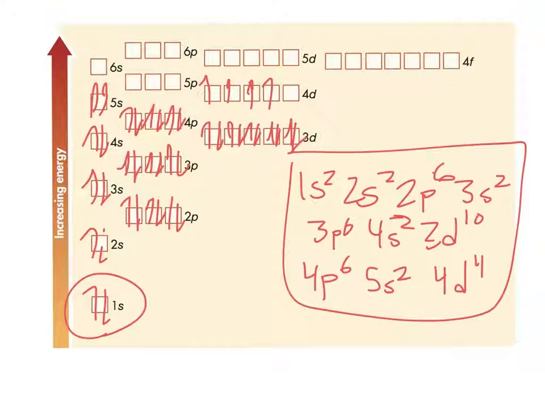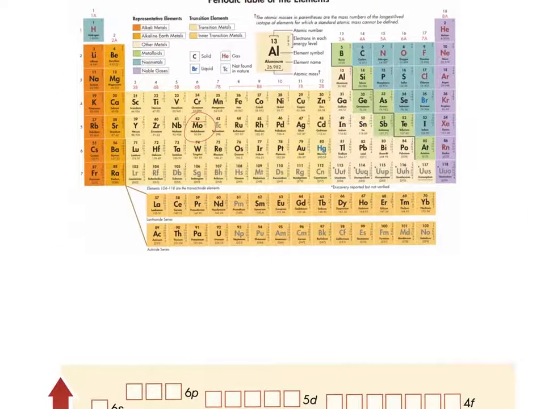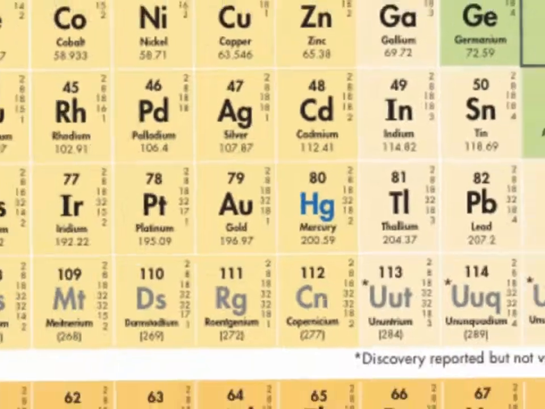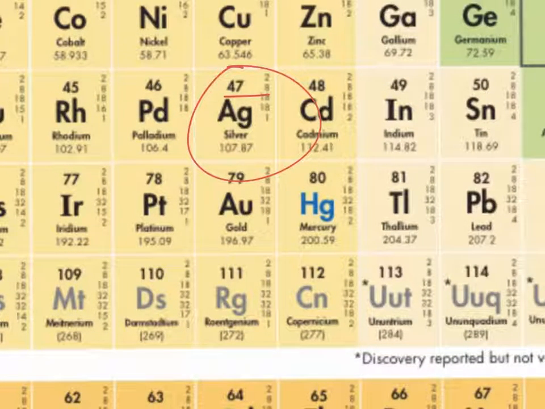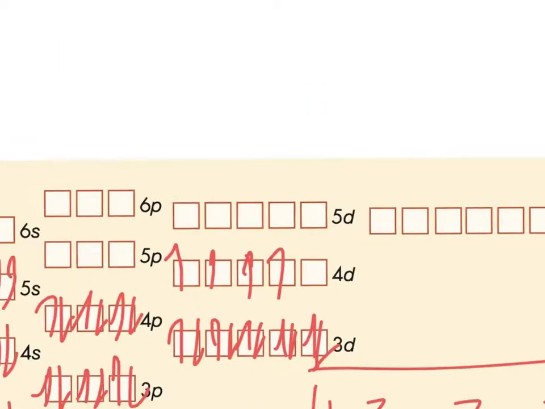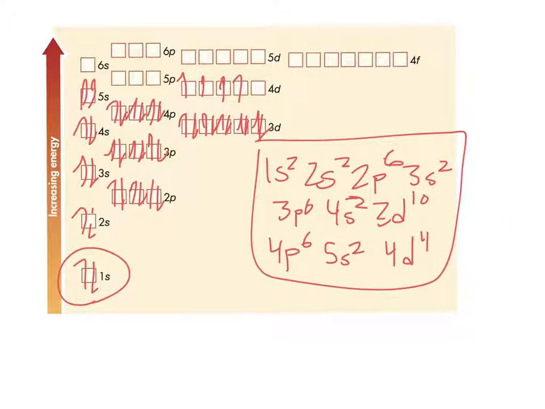But first, before we do that, let's do silver. If we look at silver, silver up here is Ag, and that's 47. It's right here, 47. So we already know that it's 42 for molybdenum, so we can just add 5 more to that.